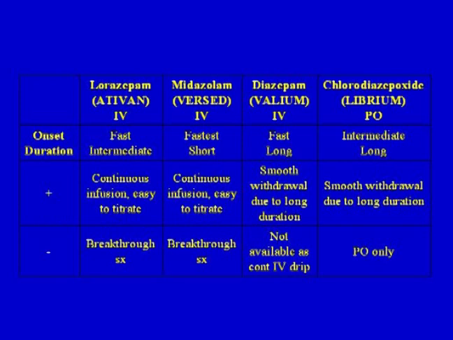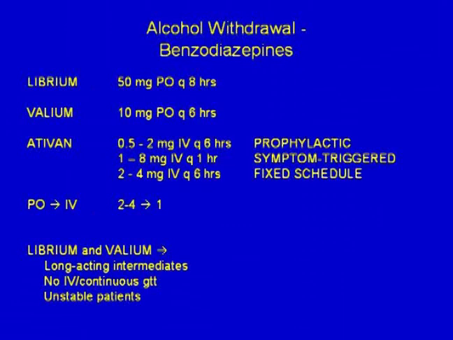Valium lasts a lot longer, and it's not available as a continuous IV drip, so it's not really appropriate in the ICU. Librium, which we use in the IMU, is more of an intermediate onset, long-lasting, but it's only available as PO. So if you're in the ICU and you're not taking PO, or you've got fluid shifts and you don't know what your absorption is going to be, it's a bad choice. So really in the ICU, we should be using Ativan. And if you can't use Ativan, then maybe Versed. Just some commonly used doses.